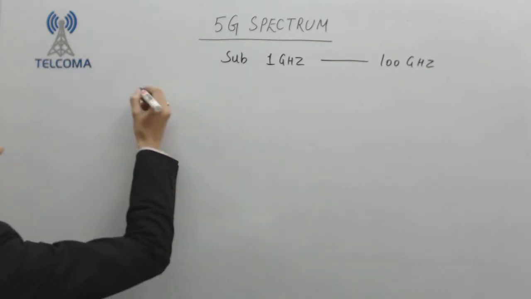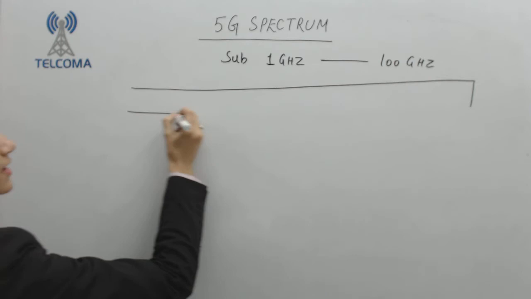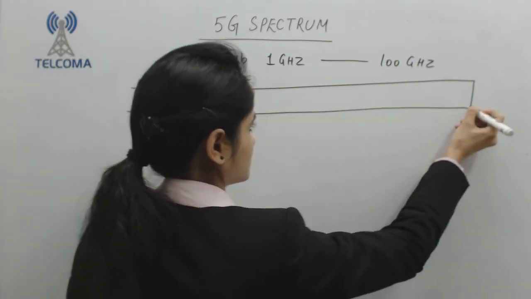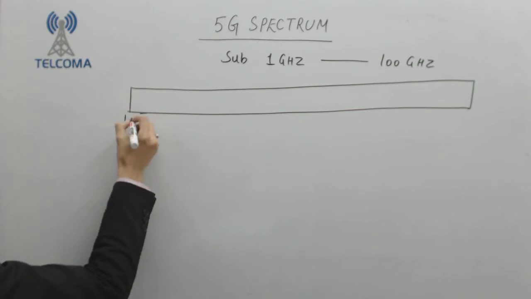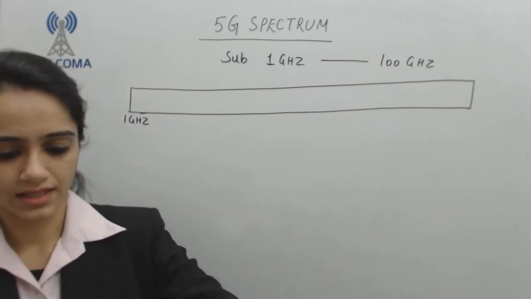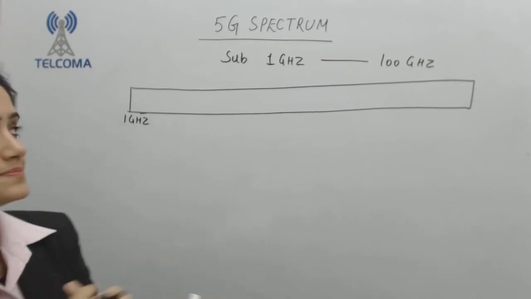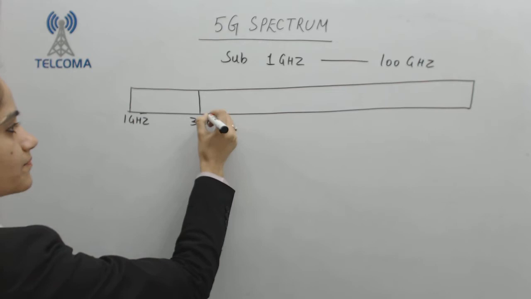So if I make a band extending up to 100 gigahertz, this is my 1 gigahertz. Then I have 3 gigahertz.